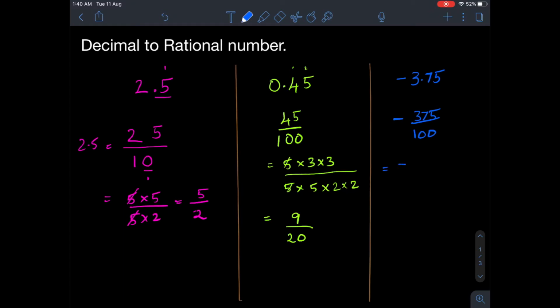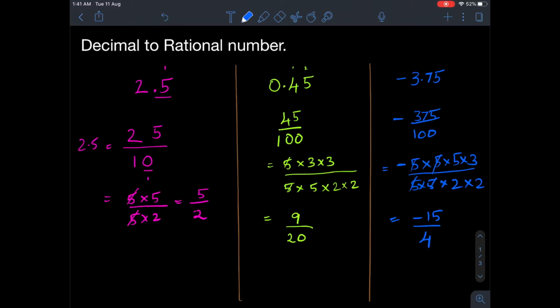I'll again split this into smaller factors, 5 times 5 times 5 times 3, and in the denominator I'll write it as 5 times 5 times 2 times 2. So I'll cancel the common terms, which is 5 times 5, and 5 times 3 is 15 and 2 times 2 is 4, so negative 15 by 4.